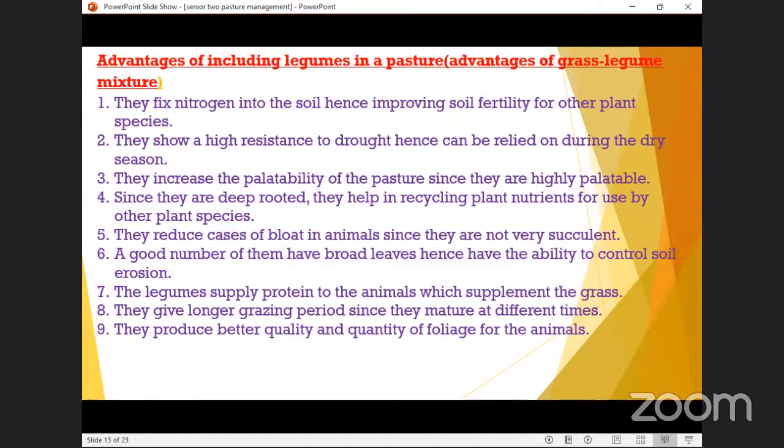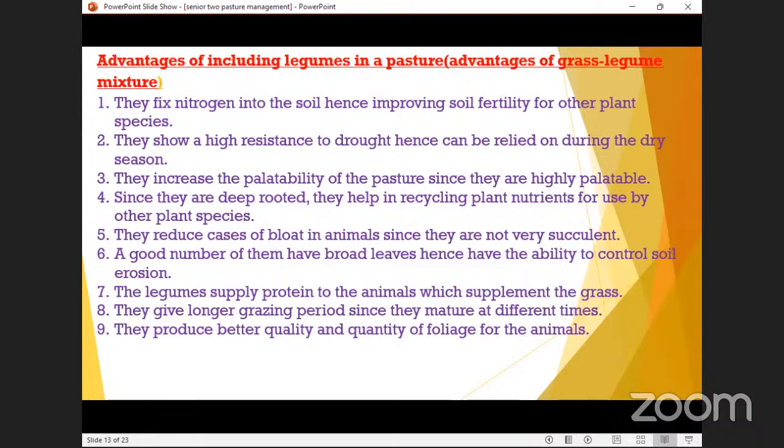They reduce cases of bloat. Bloat is when the animal has too much gas in its rumen. This bloat can be caused by too much grass or too much water.